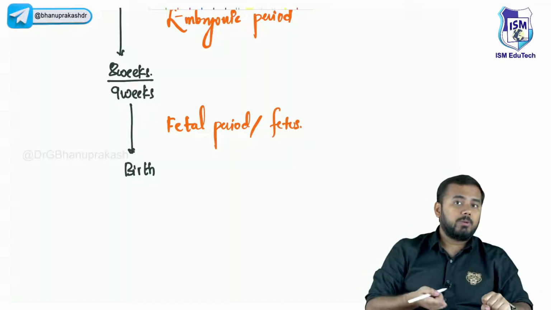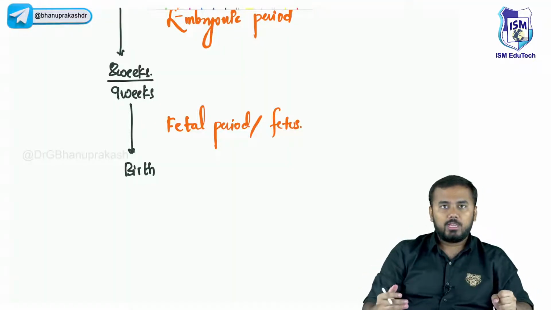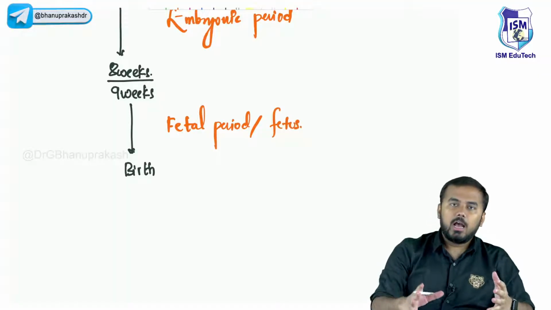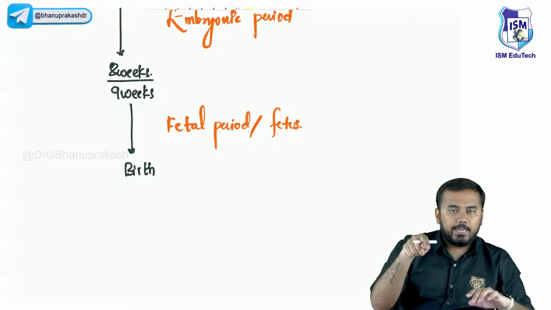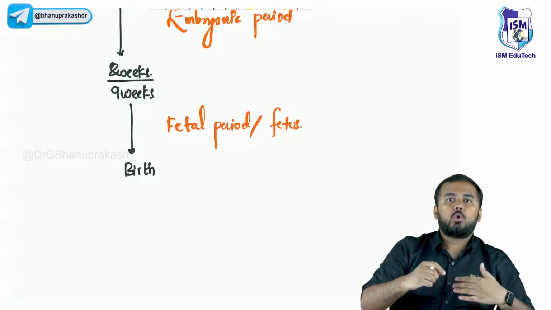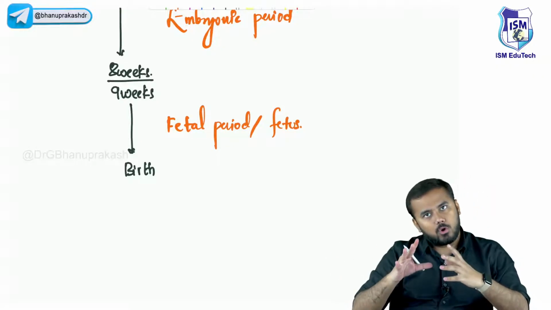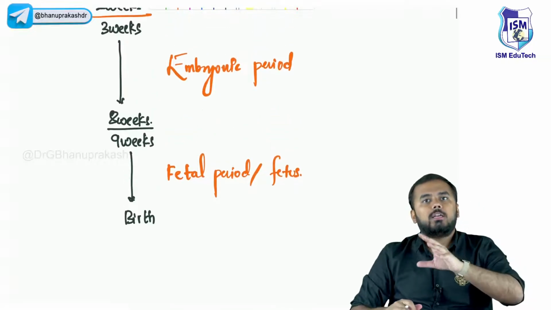First of all, you ask a woman which week of gestation she is in. If she says she is in the 10th week of gestation, the baby inside her is called a fetus. Till birth you call that a fetus. Before that you call it embryonic.